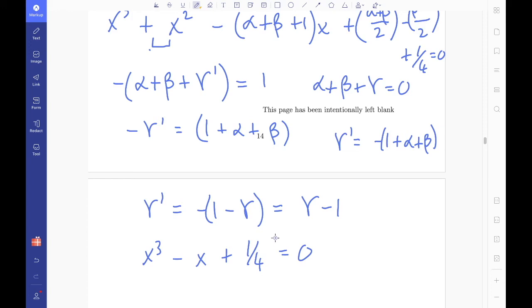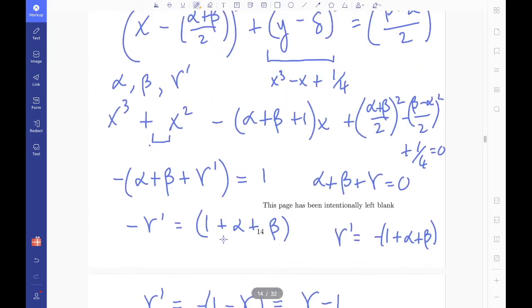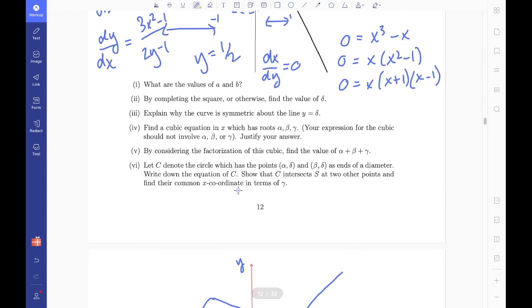So that's a further 2 points where the circle cuts the weird blobby shape in the curve up above. So that's the solution to this part. I think I've argued well that it will cut at 2 points, and they've got a common x coordinate in terms of gamma. Yeah, we've done that. Good.